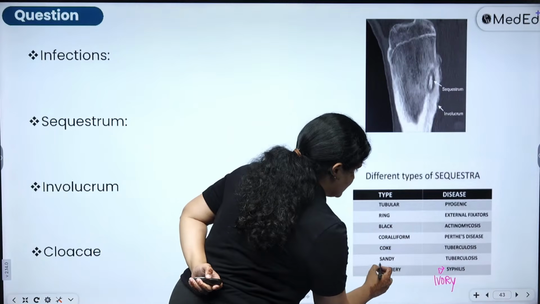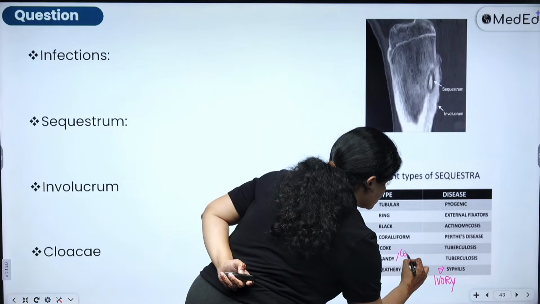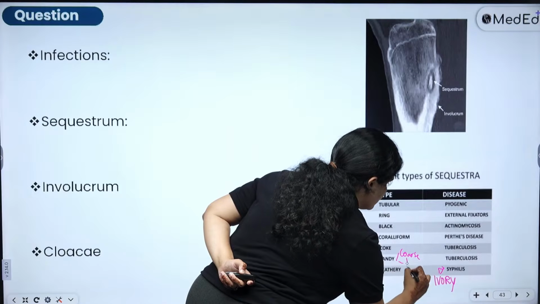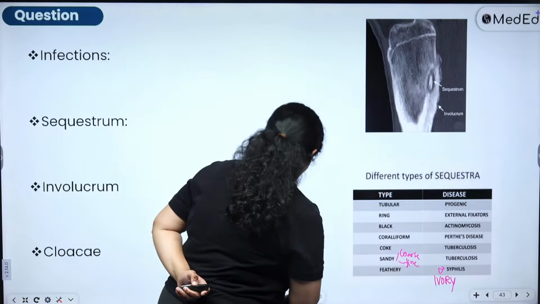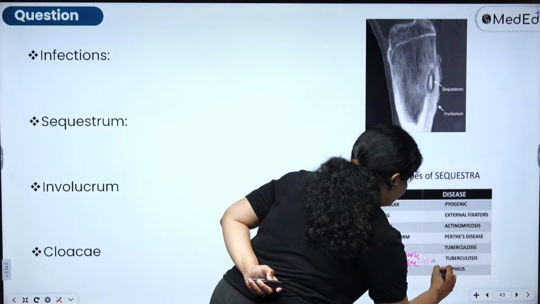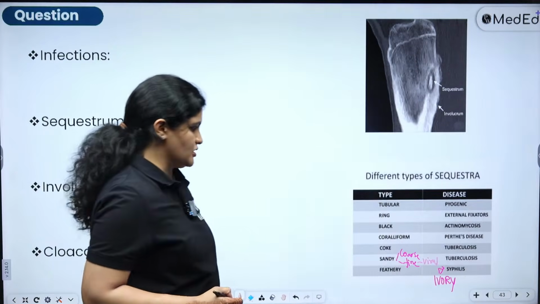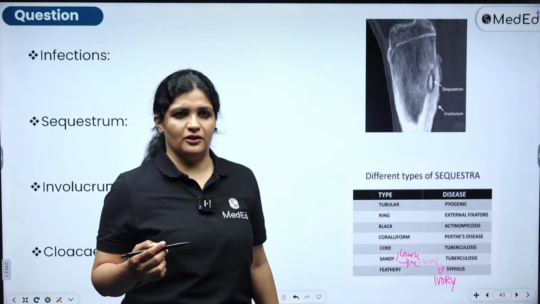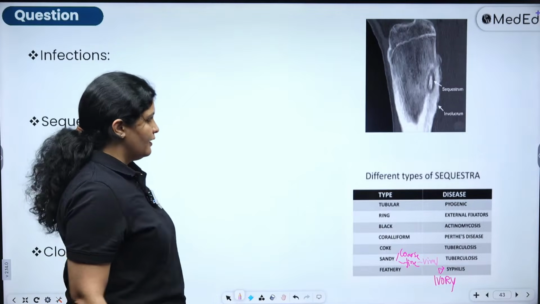Sandy is of two types, coarse sand and fine sand. If it is fine sand, remember it is viral osteomyelitis, and coarse sand is tuberculosis, feathery is tuberculosis, coke is tuberculosis. Okay, fine.